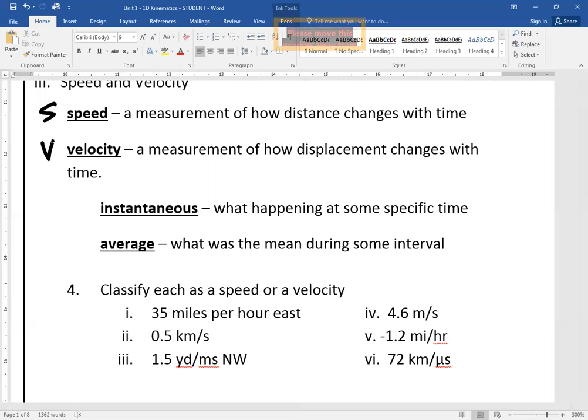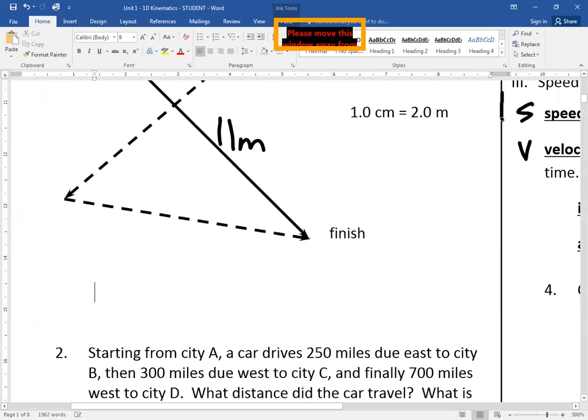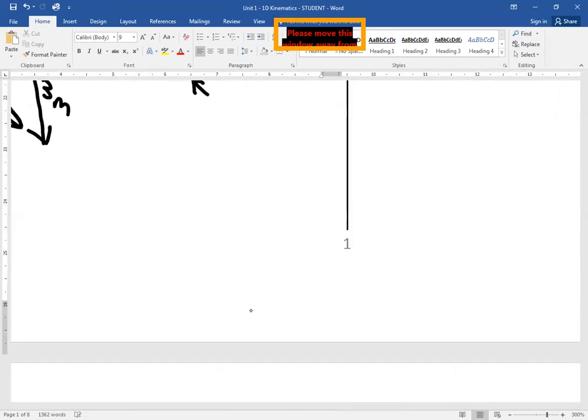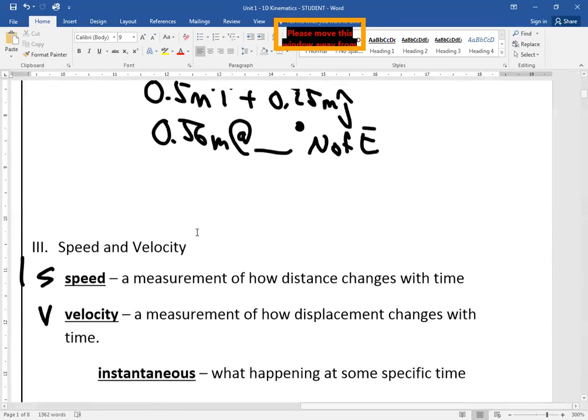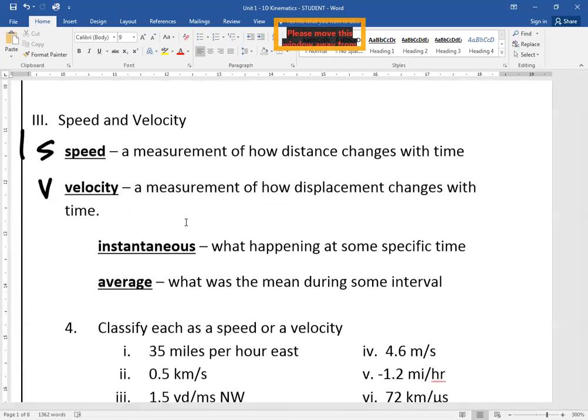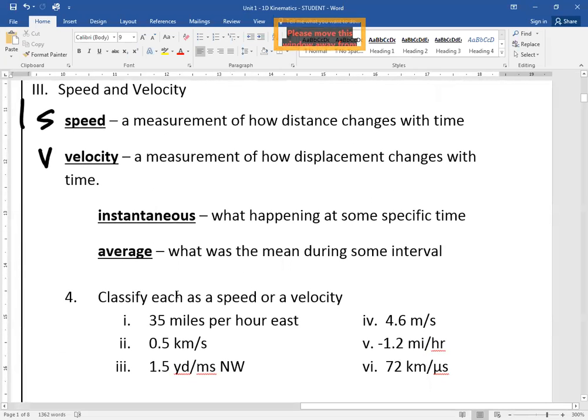So when you divide a scalar by a scalar, time is a scalar, by the way, when I divide distance, which is a scalar, by time, which is a scalar, I can't get a vector out of that, right?